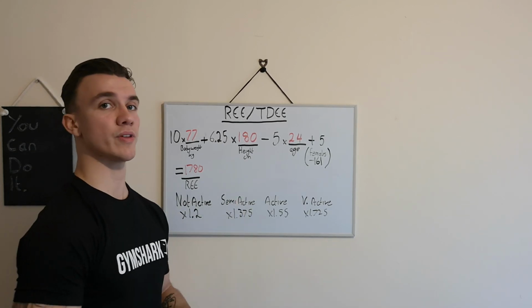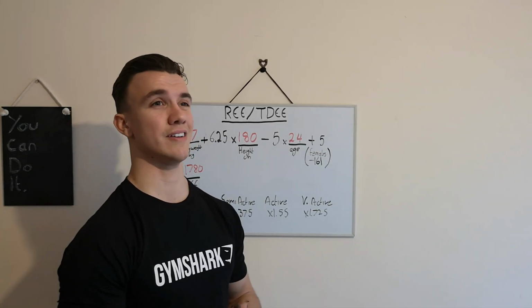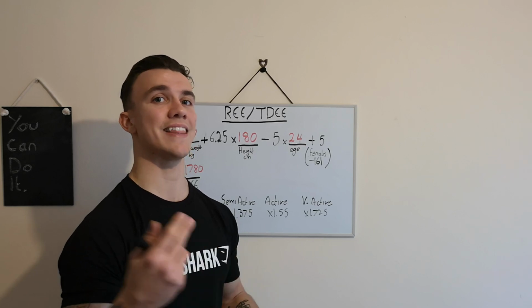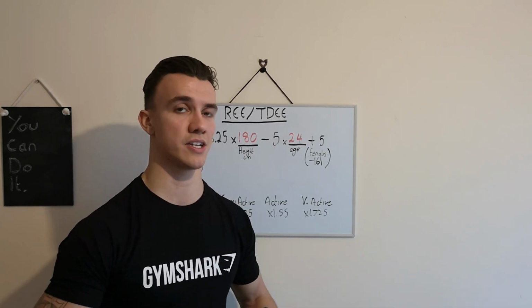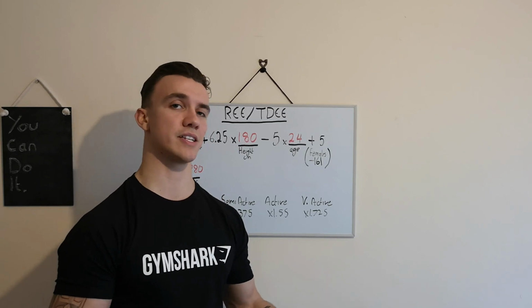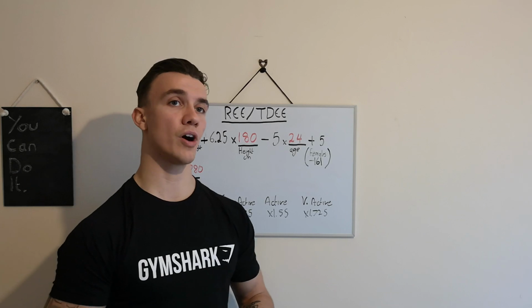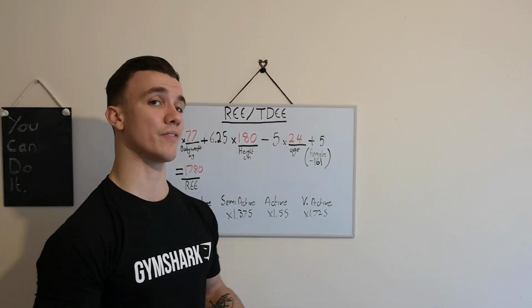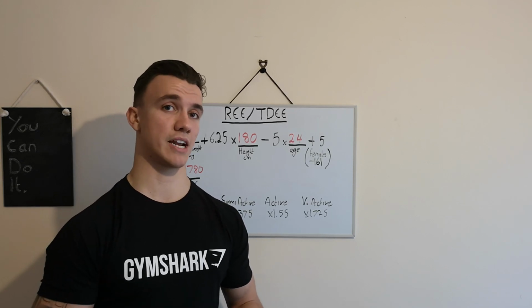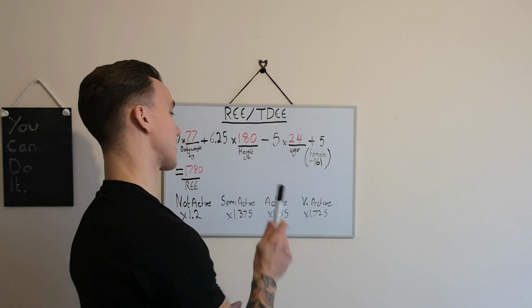Active is someone that has a bit more of a physical job, and on top of that they're exercising, putting their body through extra stress, so they need extra calories to compensate. They'll be burning an extra 400 to 650 calories per day for girls, and 500 to 800 calories a day for guys. Okay, so that's active.